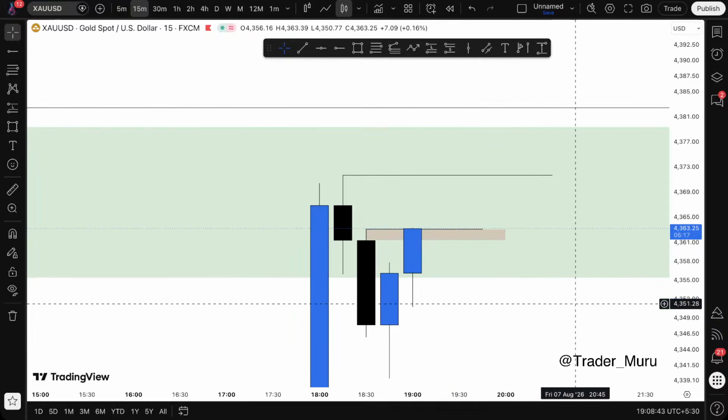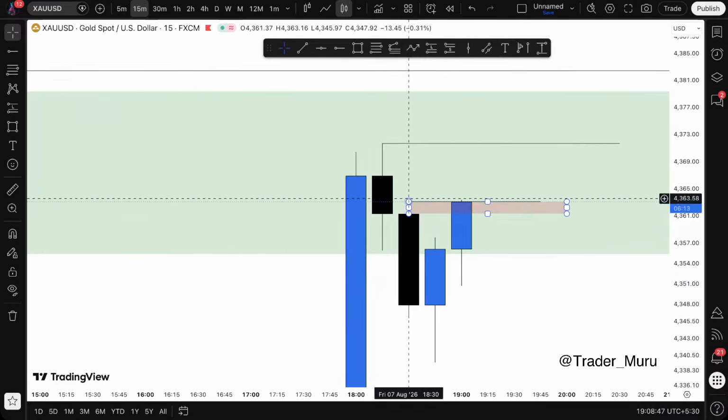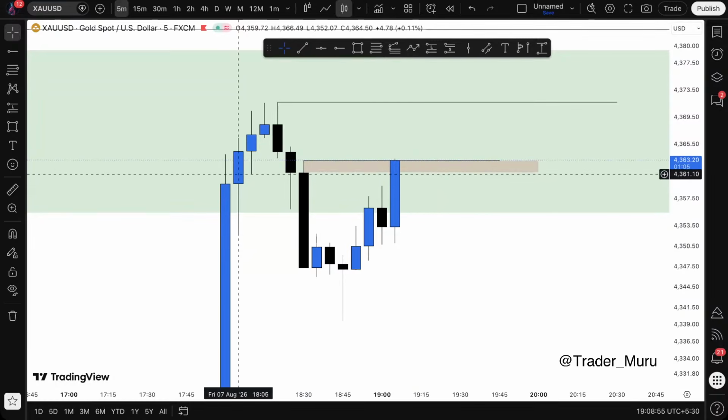Okay, we are getting our area test. 15 minutes should not close above this high. Sweep is allowed, but closing is not. Okay. Our first area is getting test.